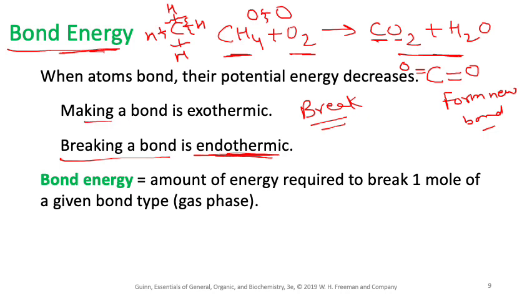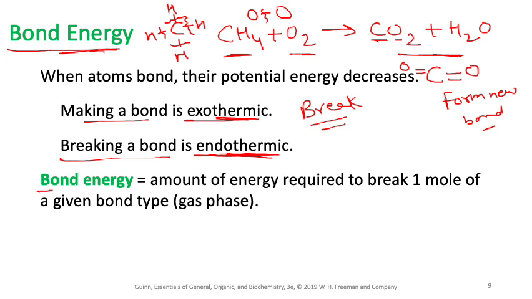So making a bond is an exothermic process. Remember, whenever you make a new bond between two atoms, you are releasing energy to the environment. This is the difference between the bonds on the reactant side and the new bonds you form on the product side.